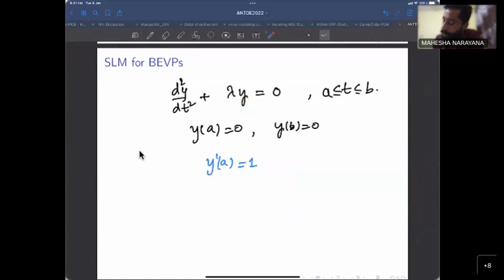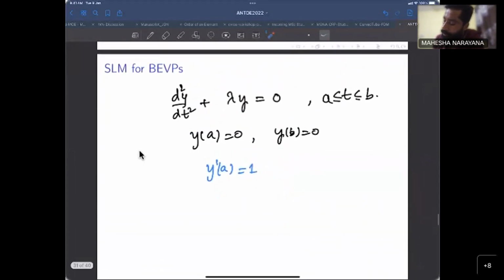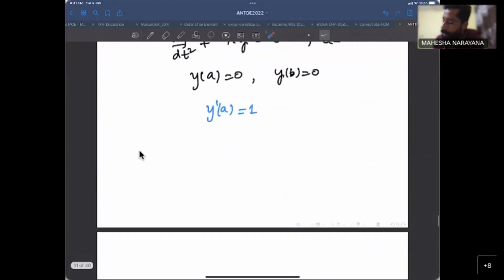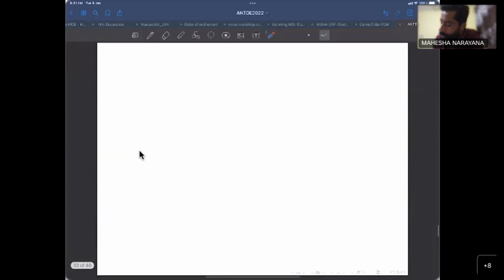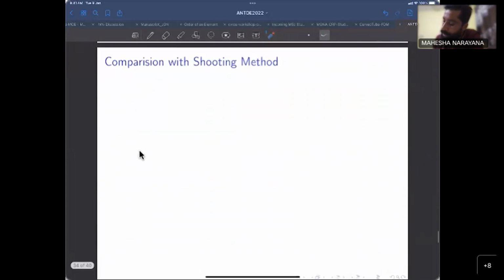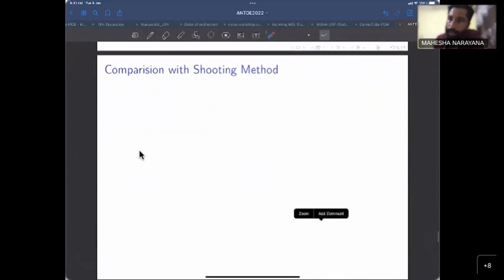All right, so how does it compare with the shooting method? I was planning to brief about the shooting method if I had some time. Unfortunately, I don't have much time to talk about it, but I'll give just a comparison between SLM and shooting.